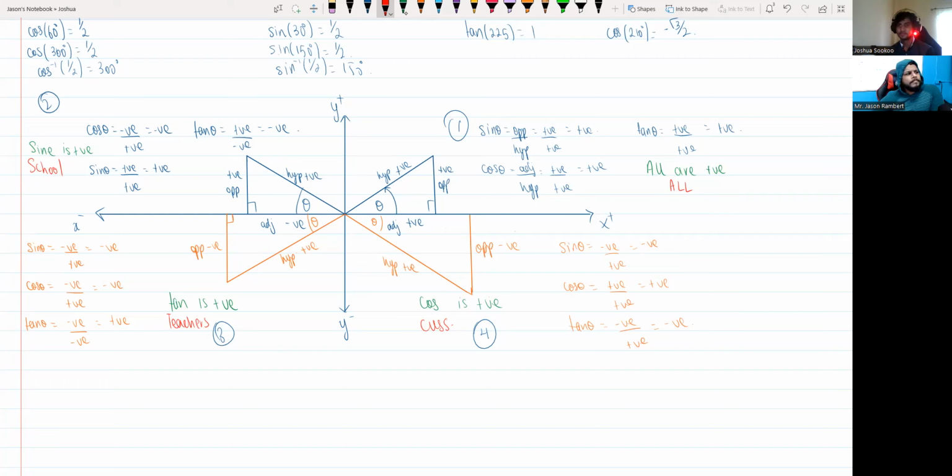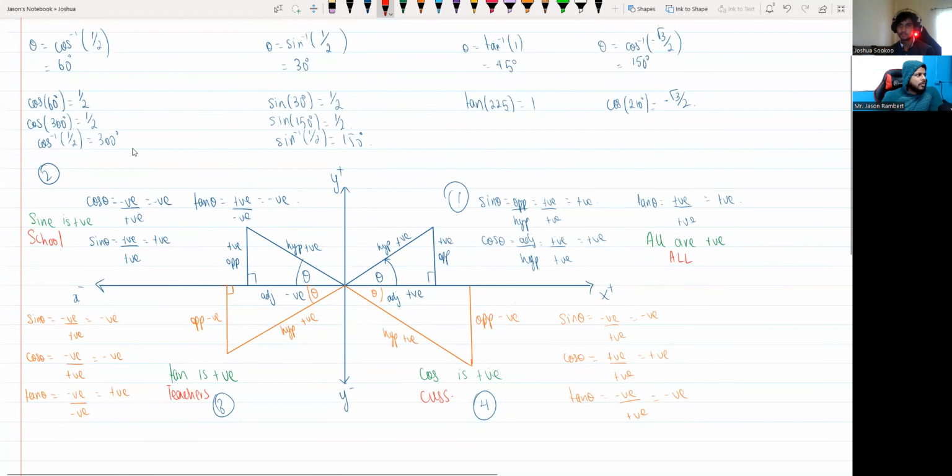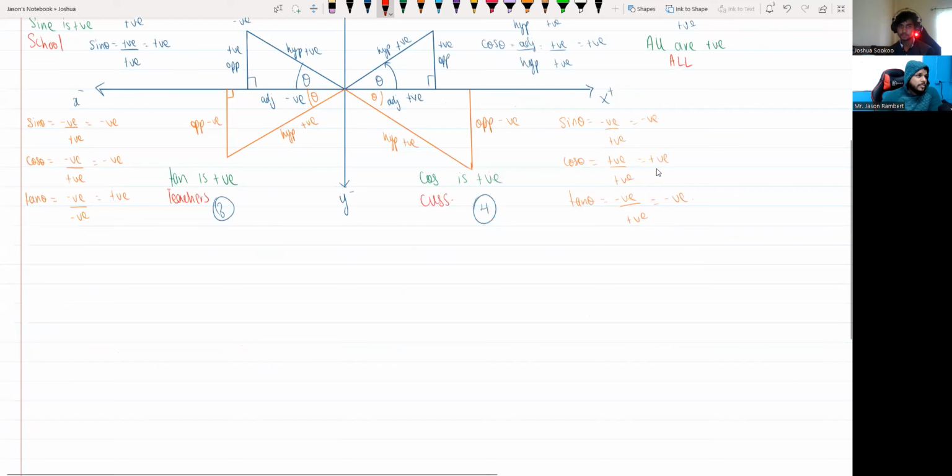But so far, all I've learned is what is positive where. I haven't learned how to get 300 and 150 and 225 and 210 as angles. So where does this come from? In order to know that, we have to understand the quadrants properly.